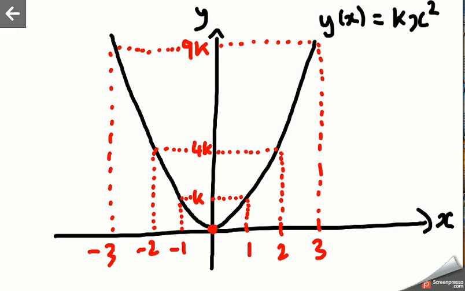Now what I want to do is shift this entire thing across by, let's say, 3. I want to shift it to the right by 3. I want to move my entire parabola across by 3 units to the right. That's what I want to do here.